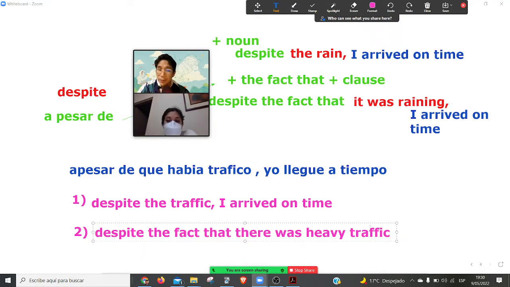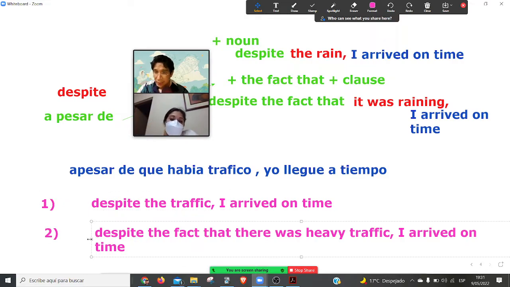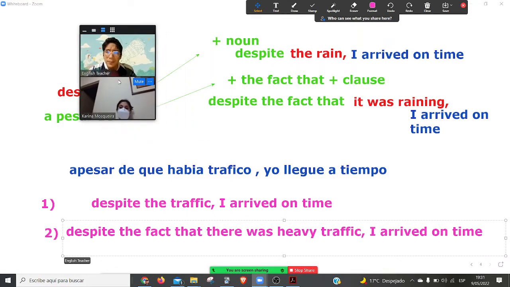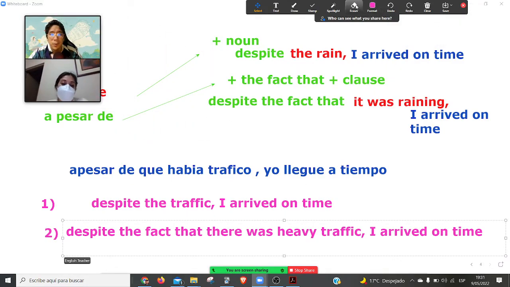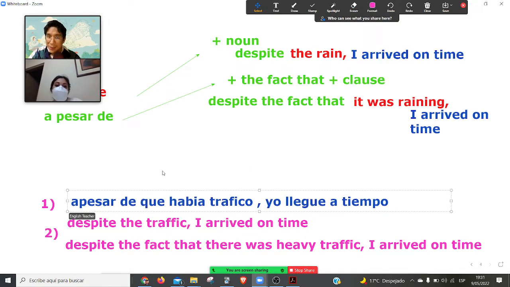No se pone a, ¿ok? There was heavy traffic, I arrived on time. ¿Se entiende? Es muy común contrastar nuestras ideas con despite the fact that or despite plus a noun. ¿Hasta aquí se entendió? Perfecto. Voy a poner estas oraciones here because we're gonna use them later.